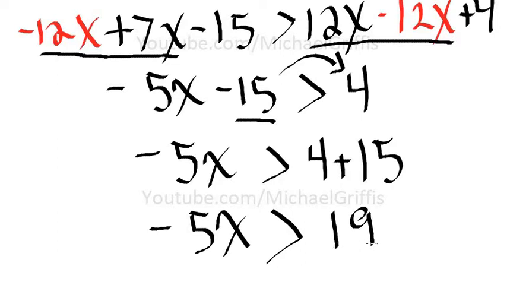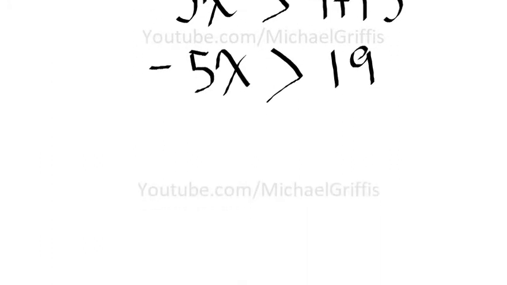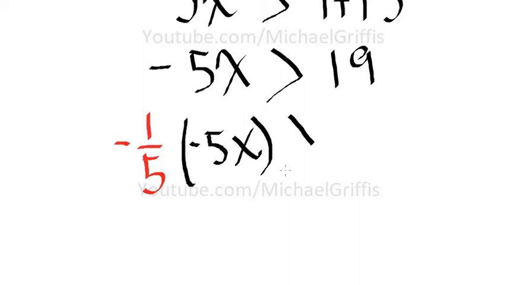About made a mistake. Well, we have this negative out here in front of the coefficient, so we're going to multiply both sides by its reciprocal, negative 1 over 5, times 19.